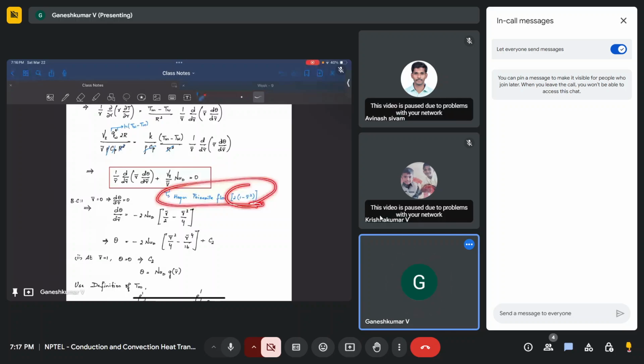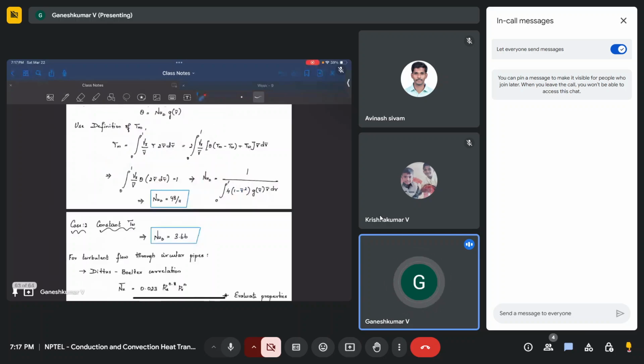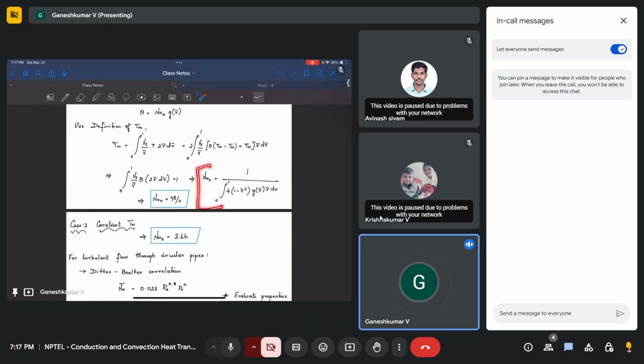But we need to know Nusselt number in terms of diameter, and hence we have to use the definition of Tm like we did the previous time, and you have to perform this integration, and you will end up having 48 by 11. Okay.